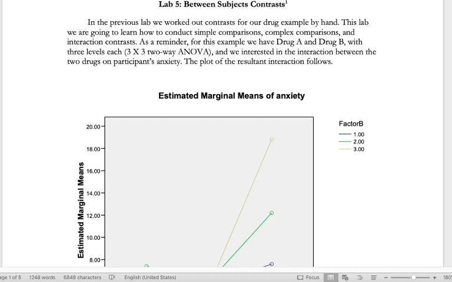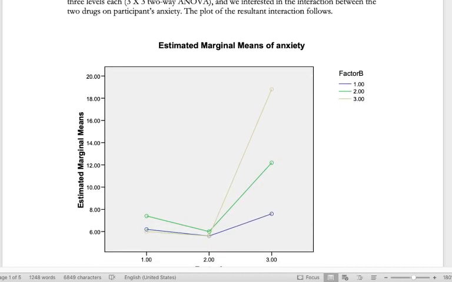Last time we did this by hand. Today we'll look at how we can make these contrasts in SPSS. So instead of you having to do the work, what do you need to know to make SPSS do the work for you?